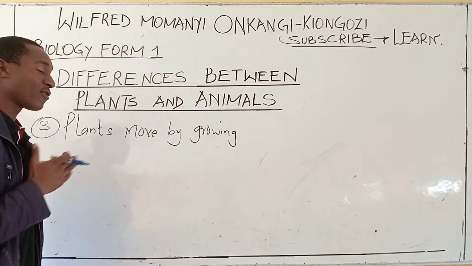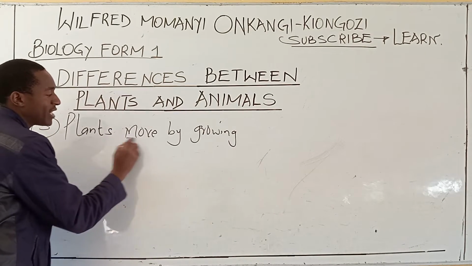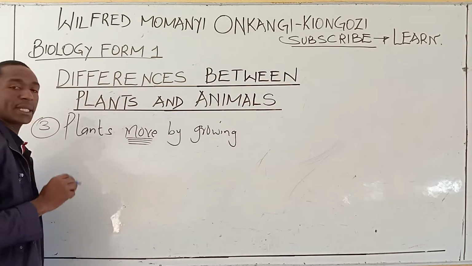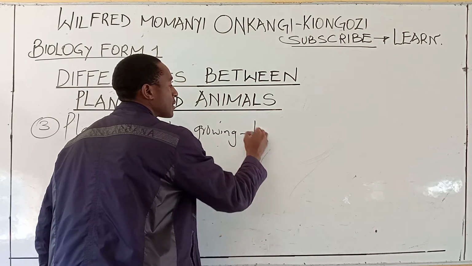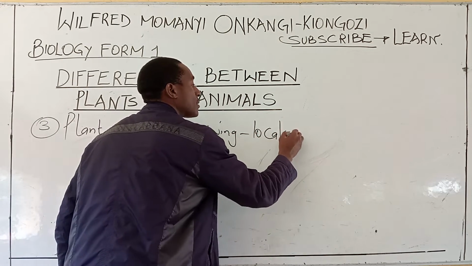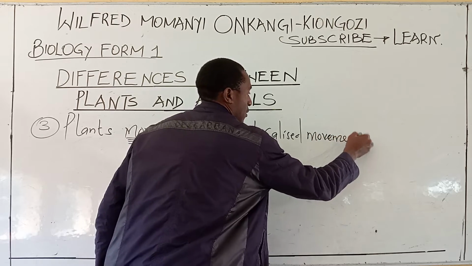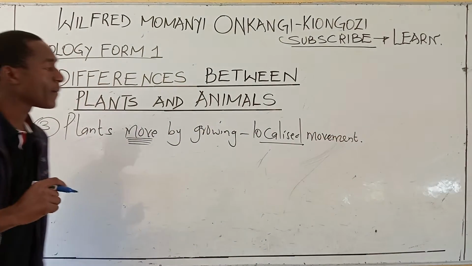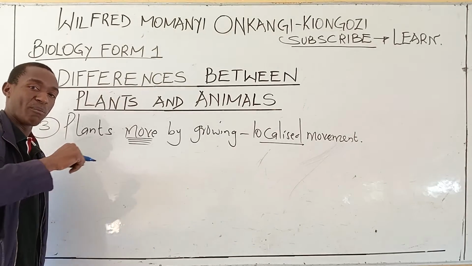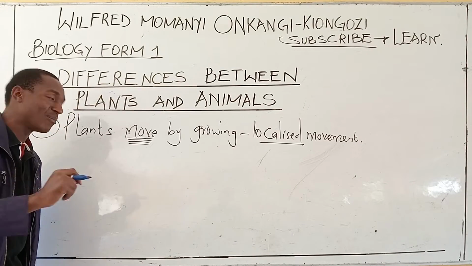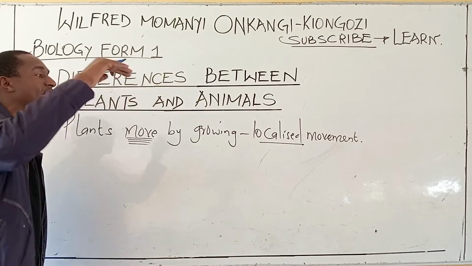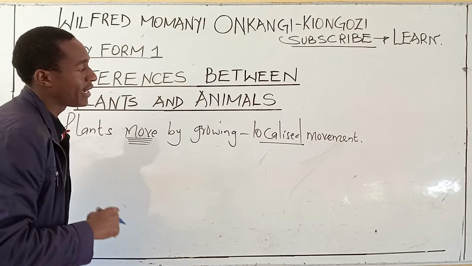So plants have some form of movement, and this movement by growing is called localized movements. Localized in the sense that they will move but within the same locality, within the same position that they are. They will increase in size, maybe in girth, and so forth.